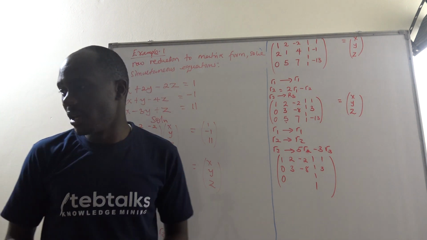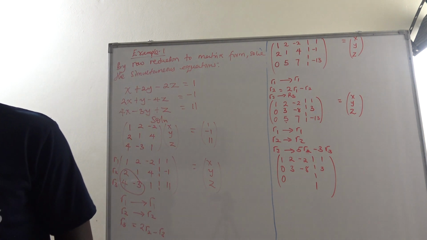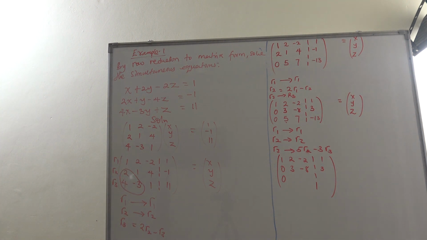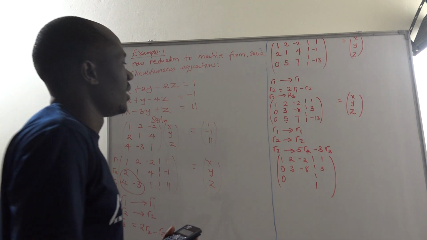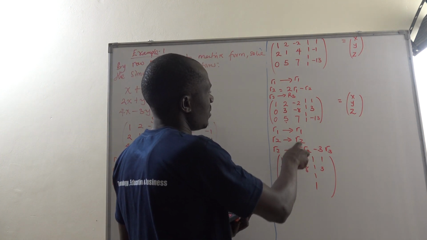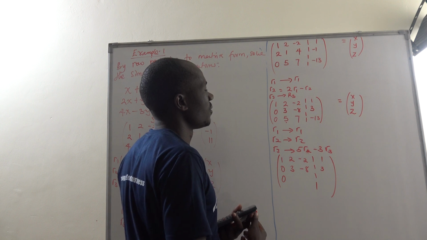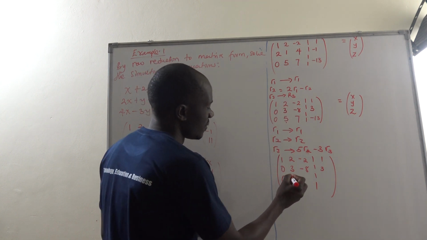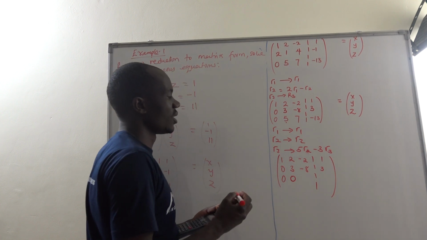Then I can use my calculator. If we go on multiplying, 5 times 3, I'm getting 15, minus 3 times 5, 15. 15 minus 15, you're coming out with a 0.